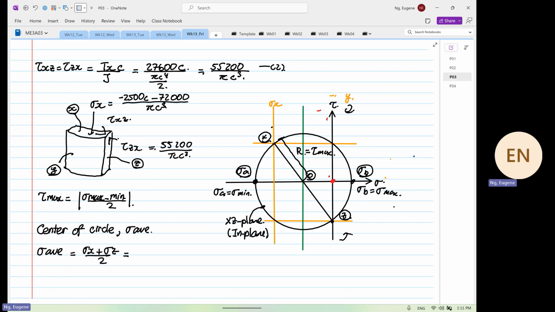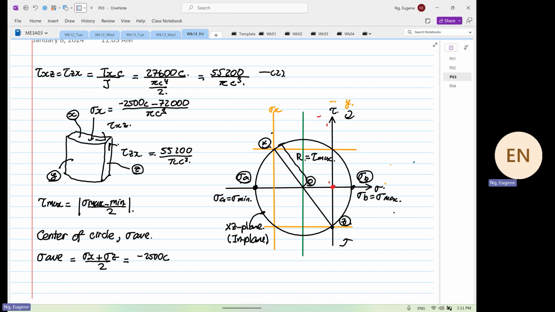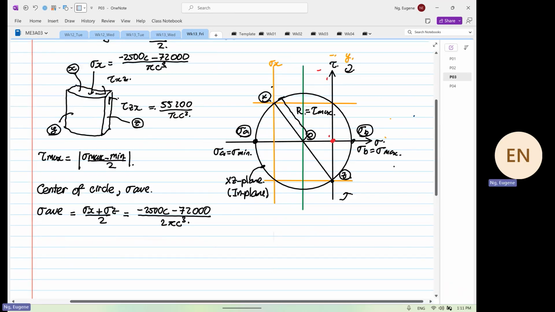So we know that stress X is minus 2500 C minus 72,123, then divided by 2 pi C cubed. So that is our stress average.